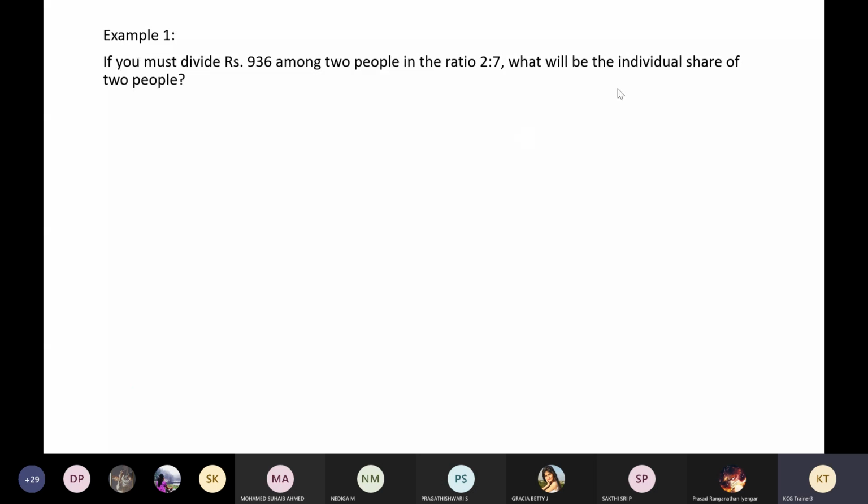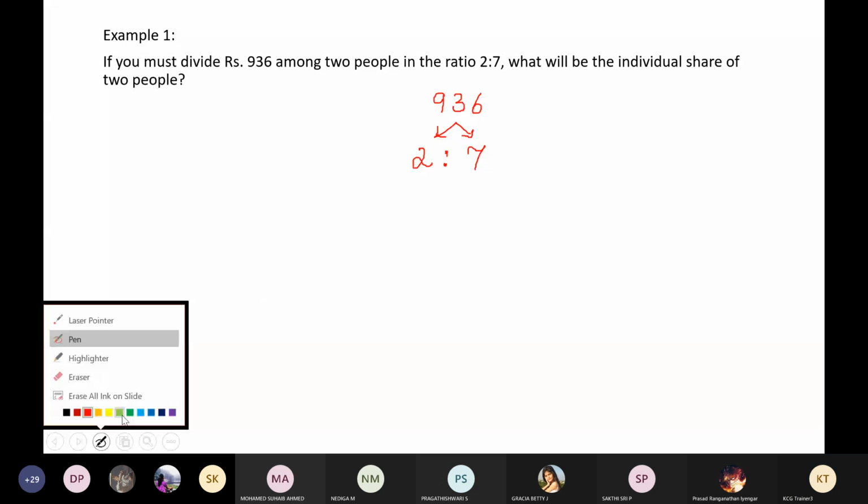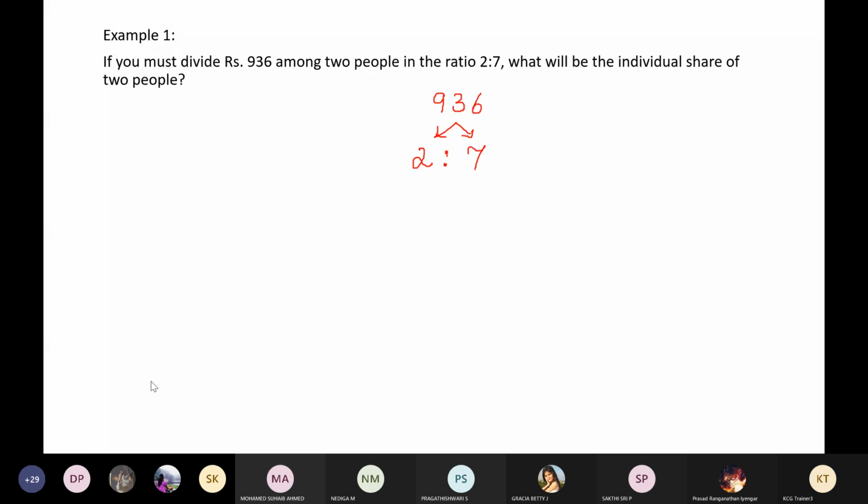Come on, guys, I did not ask a difficult question at all. I just told you how to do that, the direct method. It is 2 out of the total 9 into 936, and the other share will be 7 out of the total 9 into 936. Tell me their individual shares.